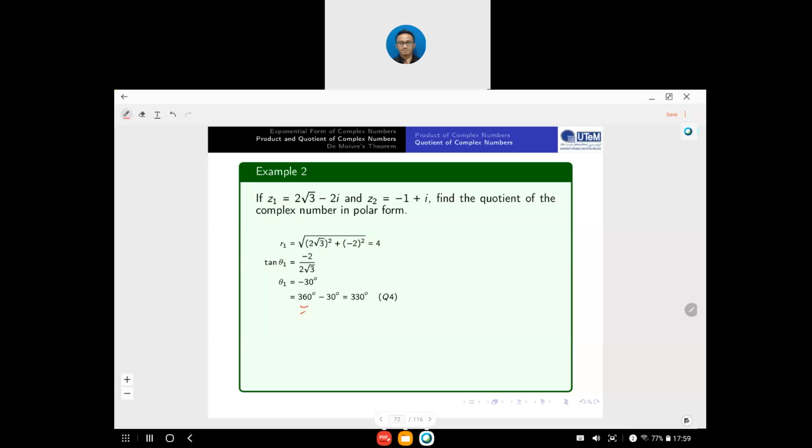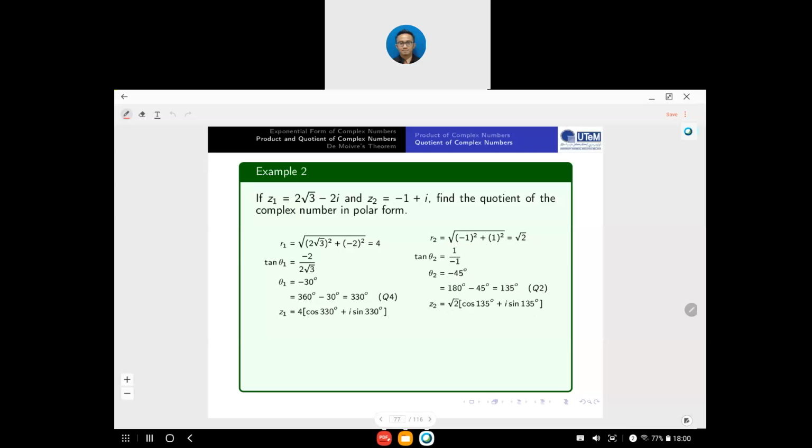And then since you already got the R and the theta, you can get the value of Z1 in polar form. For the next one, Z2, also the same thing, R equals square root of 2. And then theta, you can get negative 45, placed in the second quadrant. So you can get theta equals 135. Since you already got the R and the theta, you can get Z2 in polar form.